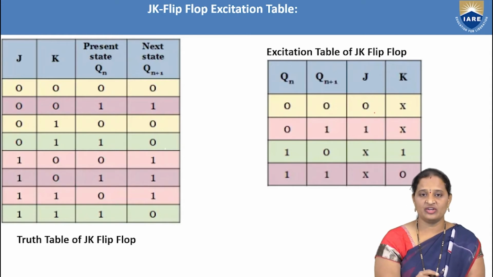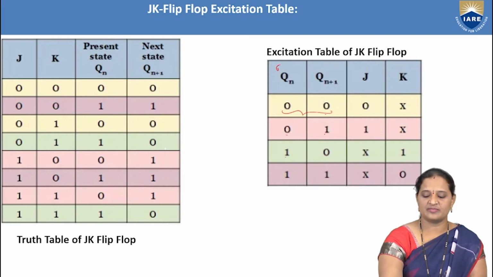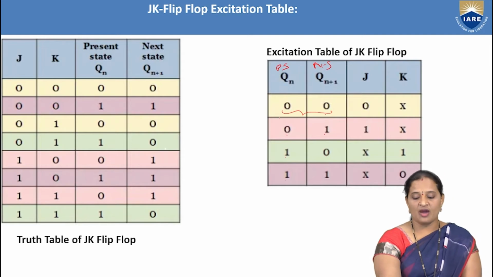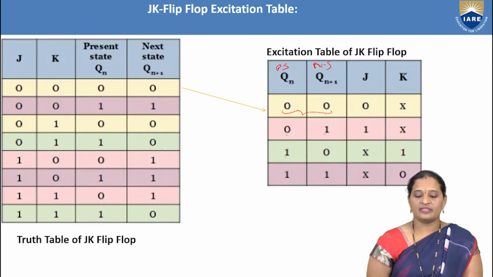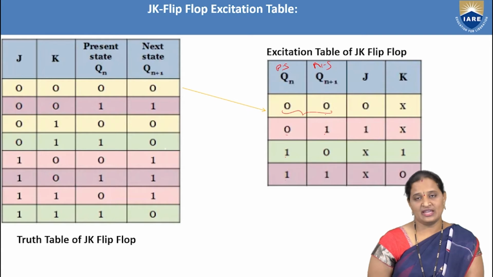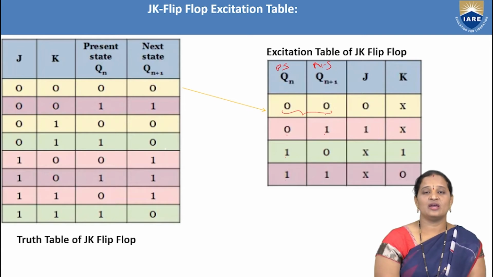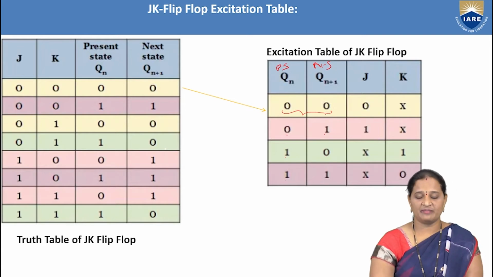The JK flip-flop has two inputs, J and K. Now we are taking four possible values for present state and next state: 0, 0, 0, 1, 1, 0, 1, 1. This is my present state, and this is the next state of the flip-flop. Now we'll be identifying the present state values and next state values and their respective inputs from the truth table.